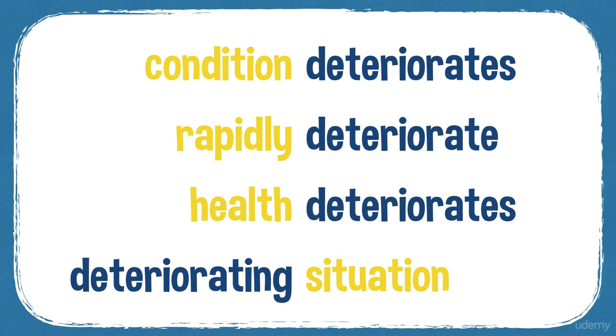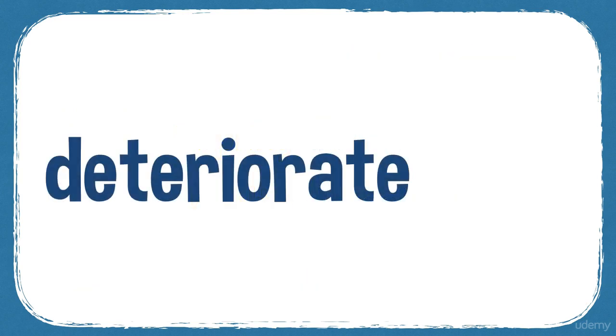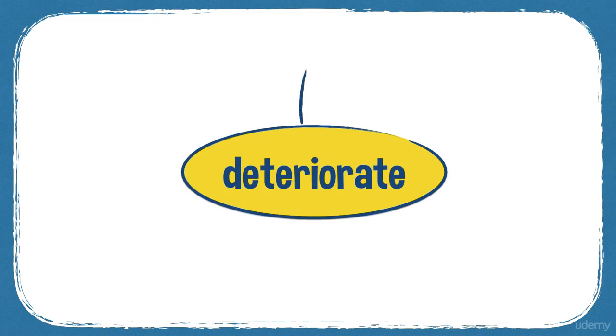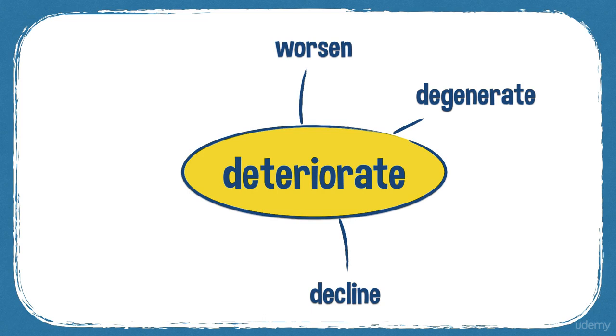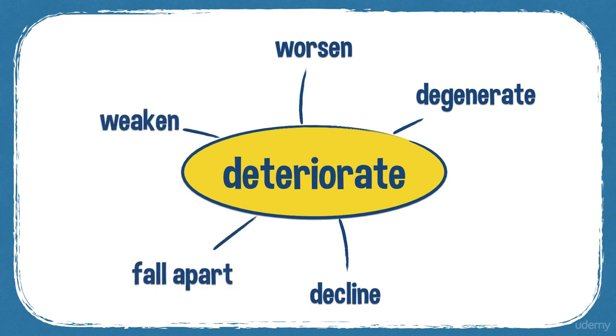And you can have a deteriorating situation. So here are some forms for deteriorate. And deterioration is the noun. And some synonyms for deteriorate: worsen, decline, degenerate, fall apart, weaken, and degrade.